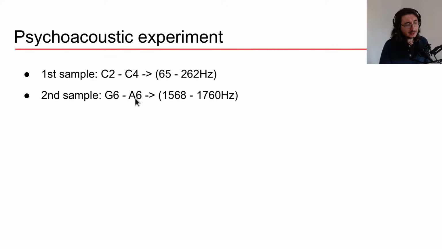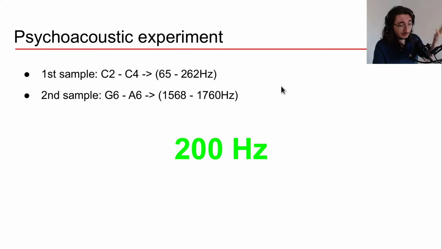Now, if you take a look at the difference in the frequency mappings, in other words, in the frequency expressed in hertz, between the two notes in the two pairs, you'll notice that these two differences are the same, or almost the same, around 200 hertz. But will these two pairs of notes sound the same in terms of their pitch distance? This is my question to you.